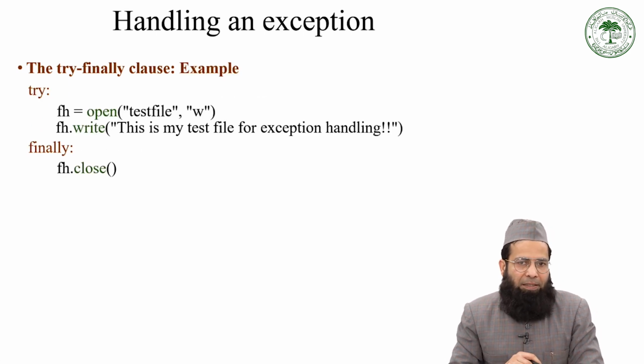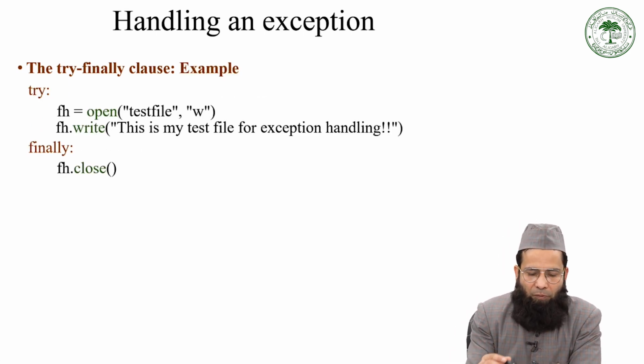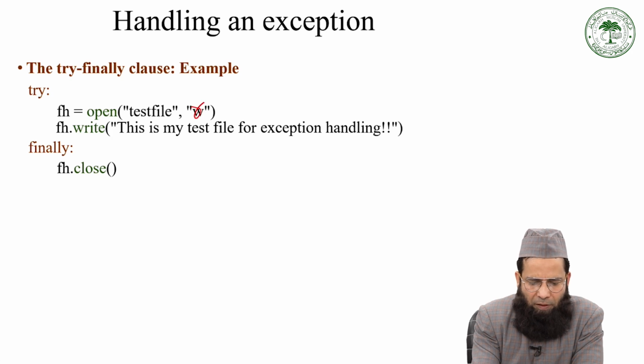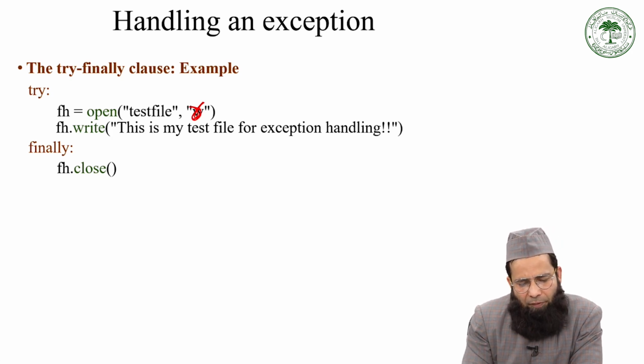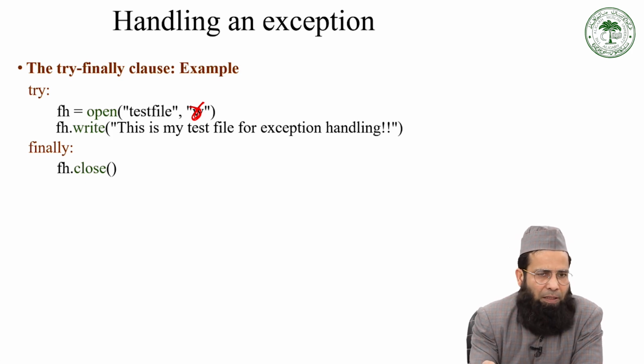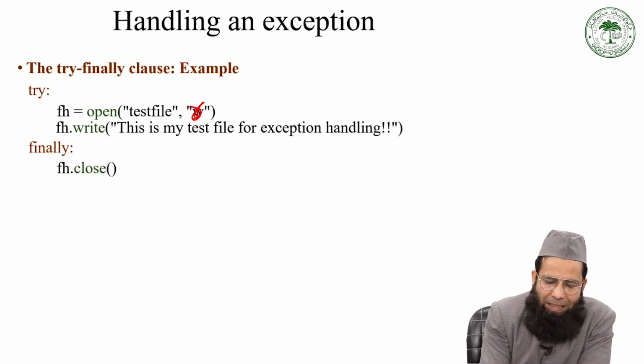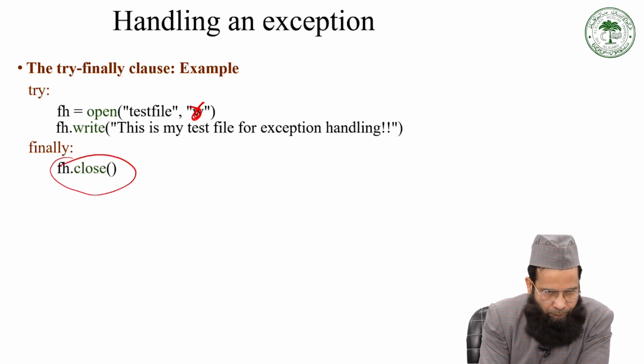Like in this case, there is an example here. Suppose I'm trying to open a file for write purpose or read purpose. Actually, let me use read purpose. If this file is not available, what would happen? It would generate an exception, and after generating the exception, the control would come to the finally block, and the file would be closed.